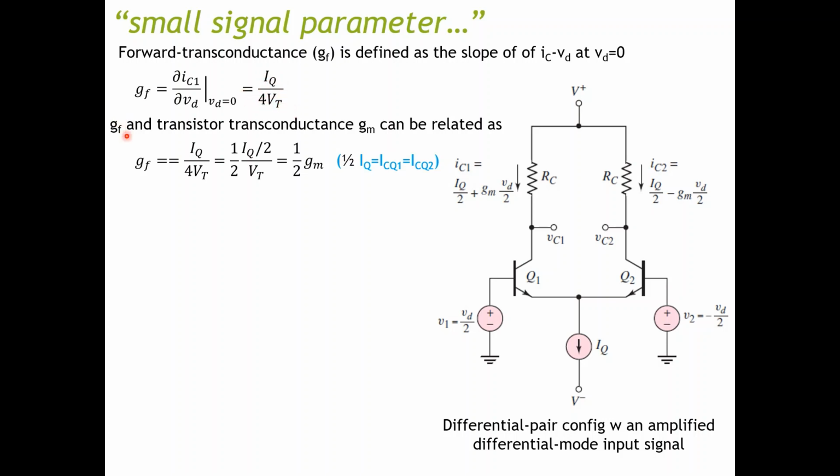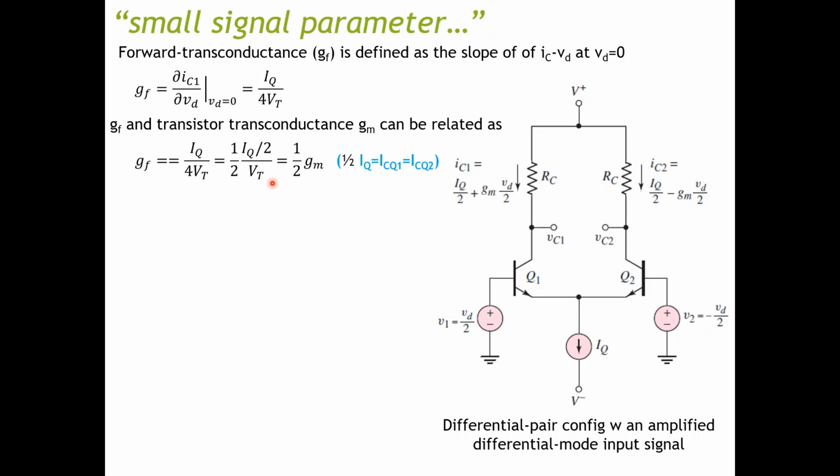Okay. Now you can relate your GF, which is forward transconductance, to the transistor transconductance GM, and that relationship can be shown in here.